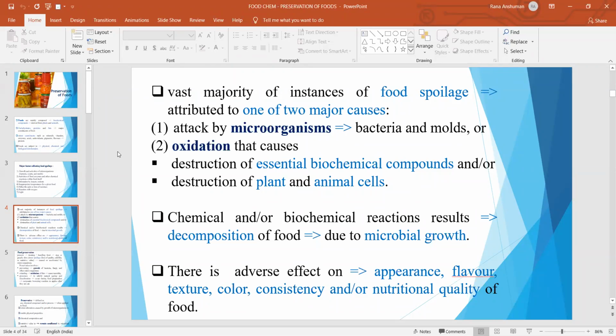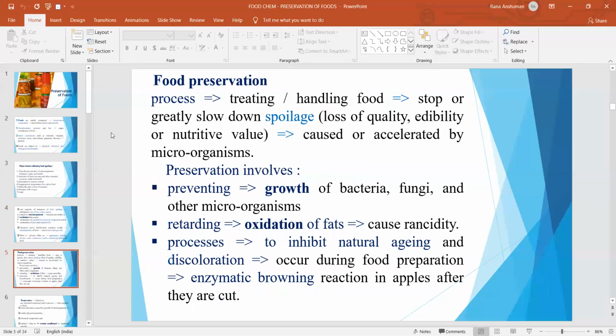Chemical or biological reactions result from decomposition of foods due to microbial growth. There is adverse effect even on appearance, flavor, texture, color, consistency, and nutritional quality of the food.